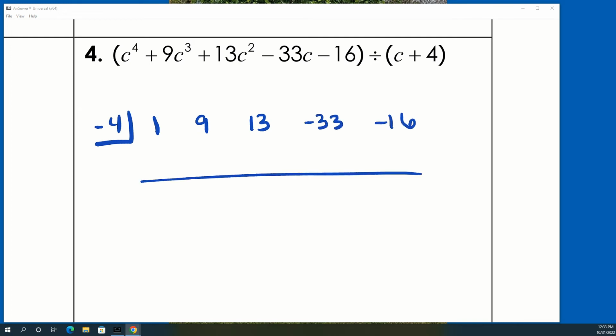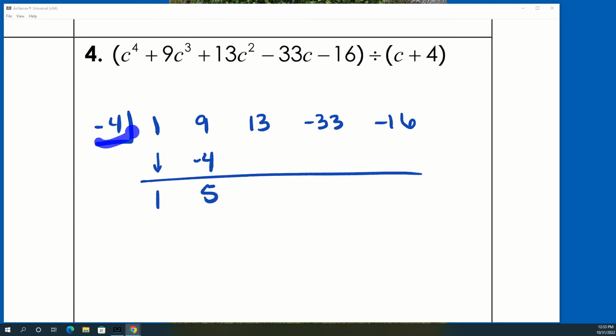All right, so double check your numbers with mine. Just those negatives sometimes will sneak up on you and you'll kind of miss them. So this first number drops down, and then we just start multiplying and adding. So it's negative 4 times 1, which is negative 4. And then we add, and we're going to get 5.